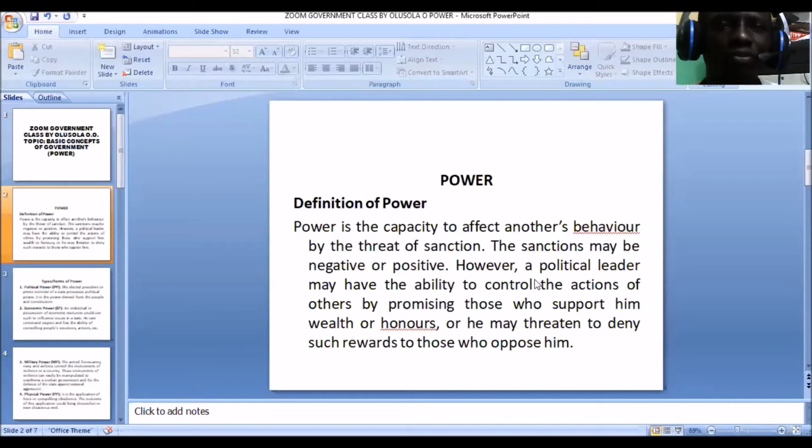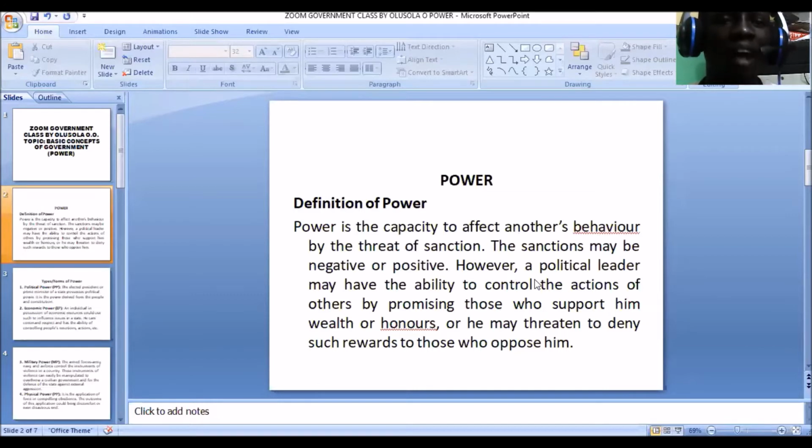So the English version of dunamis is power. The Englishman coined that word from the Greek word dunamis. That's why when we check the English dictionary and the Greek dictionary, you find out that dunamis and power are under the same part of speech.